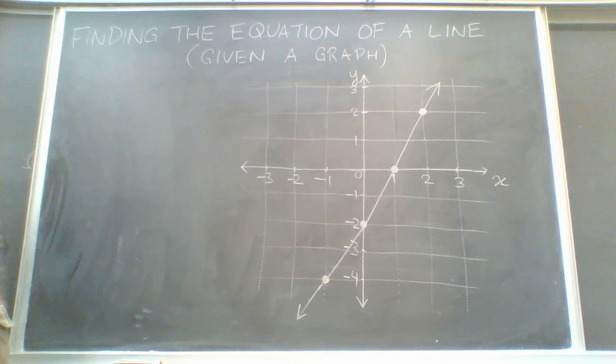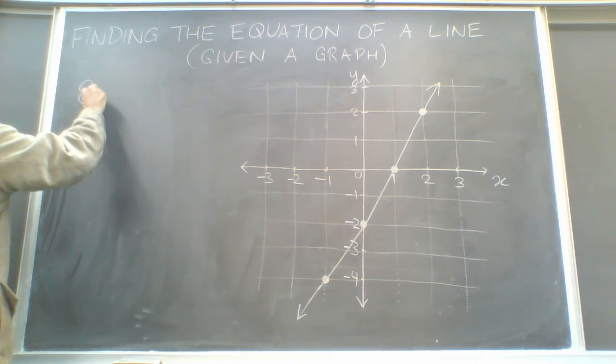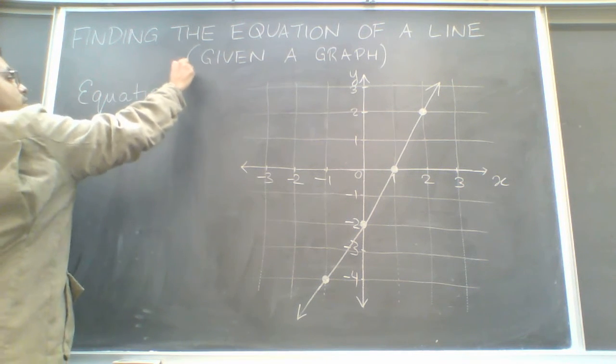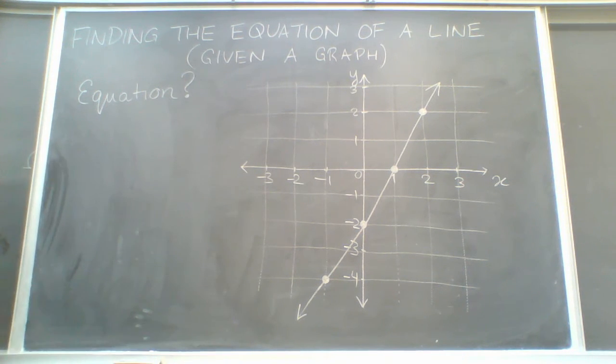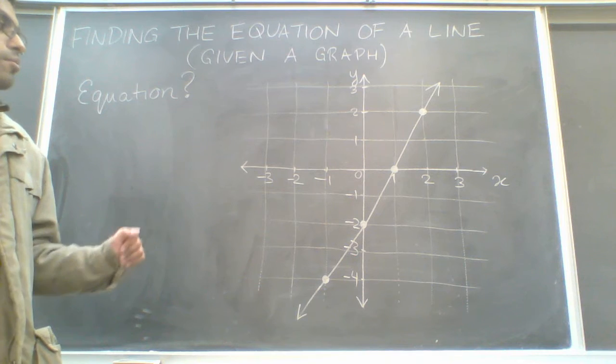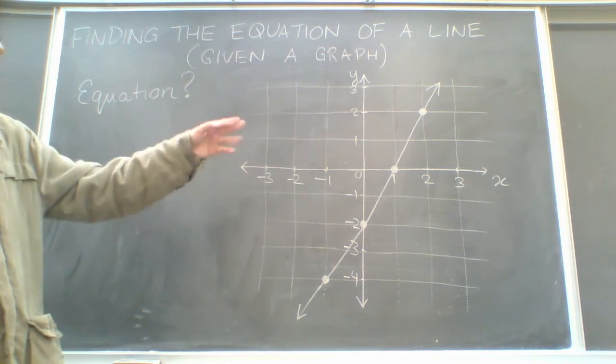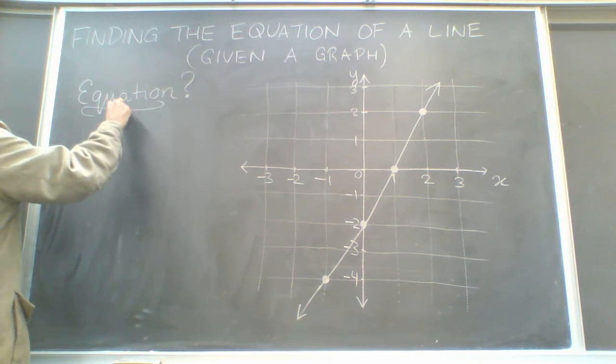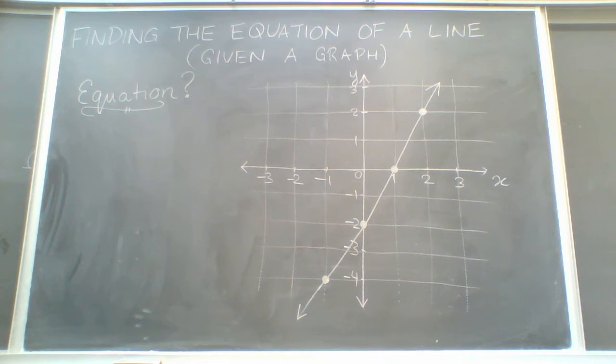So this is all the information that you will be given, and I will be asking you for the equation, and that's it. All right, so on a test or assignment question, that's all the information you get. You get that picture, you might have a few dots on it, no other numbers aside from the ones on the axes, and I'm asking you for the equation of your line.